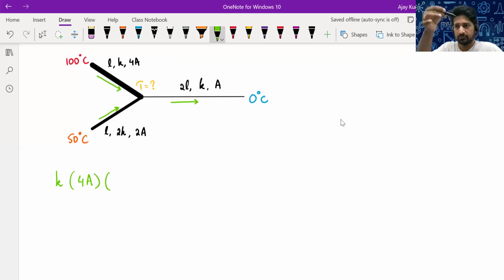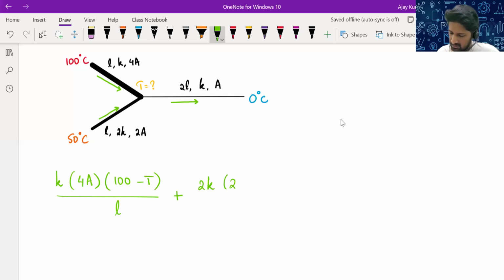I am assuming flow is from 100 degrees to T. So I should write 100 minus T divided by the length of that rod, L, plus there's another inflow that we have assumed. Conductivity is 2K, area of cross section is 2A, and based on the direction of flow, the first temperature is 50, final temperature is T, divided by the length, again L, should be equal to the right hand side.